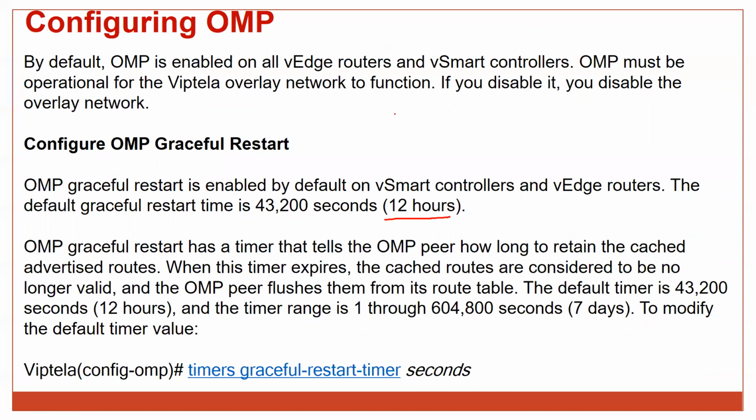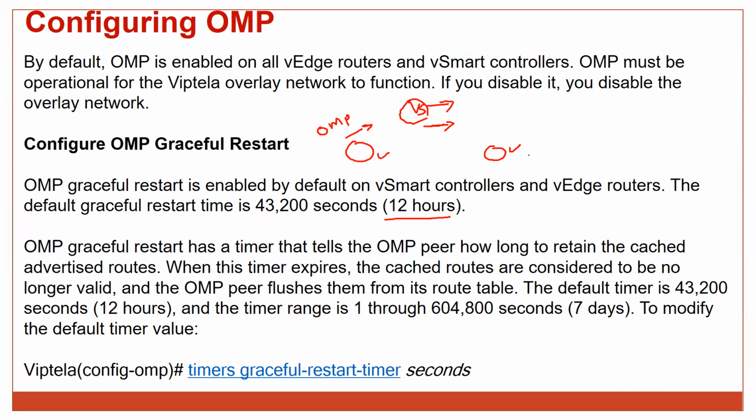So what does it mean? We know that these edge devices send their prefixes, or their OMP route details, to vSmart. If inside vSmart you are not configuring any type of routing policy or control policy, then by default it will reflect all the prefixes to other devices.